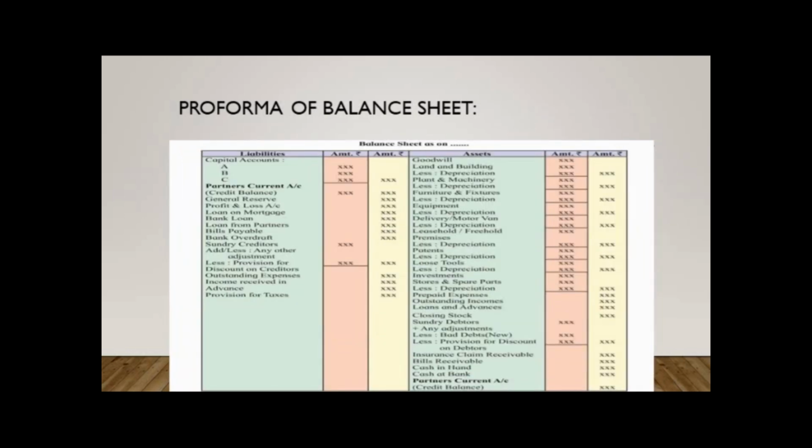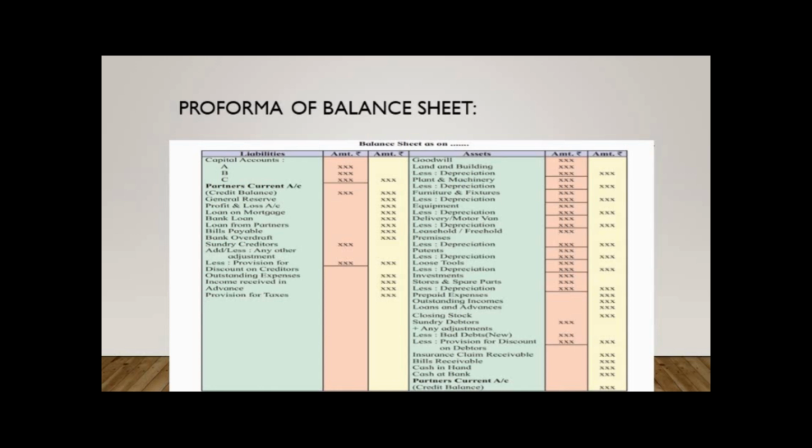See the pro forma of balance sheet. In the balance sheet, liability side, the first item is capital. The balance amount that we have got in partner's capital or current account, we will bring it over here. And all the liabilities we are going to write here on the liability side. And all other assets of the company will come here on the asset side.